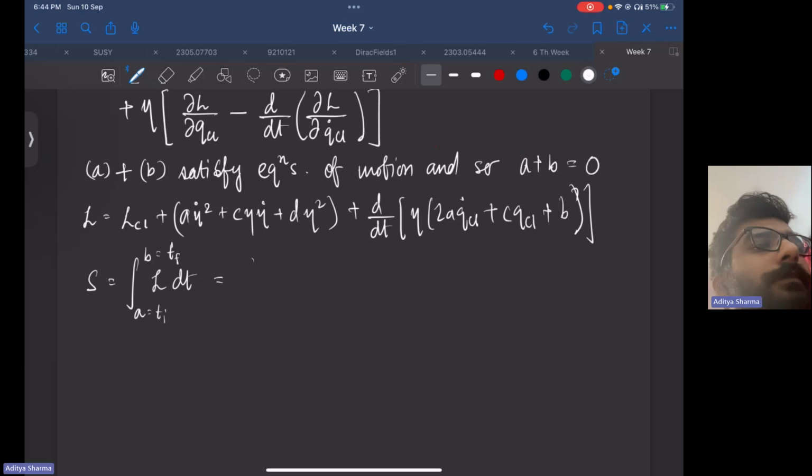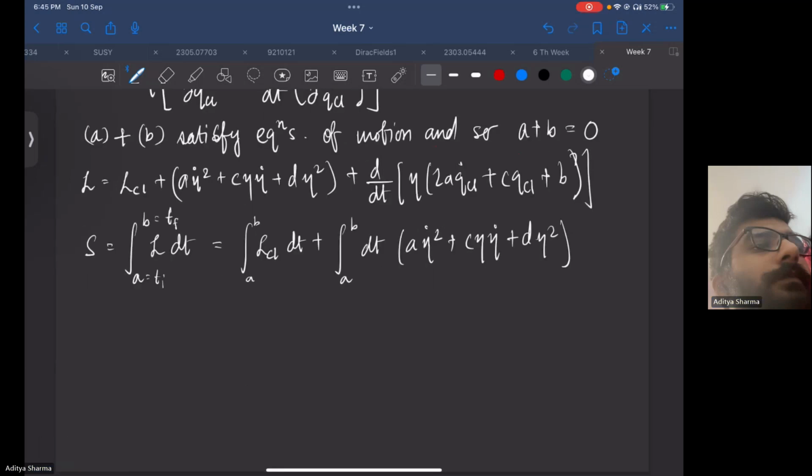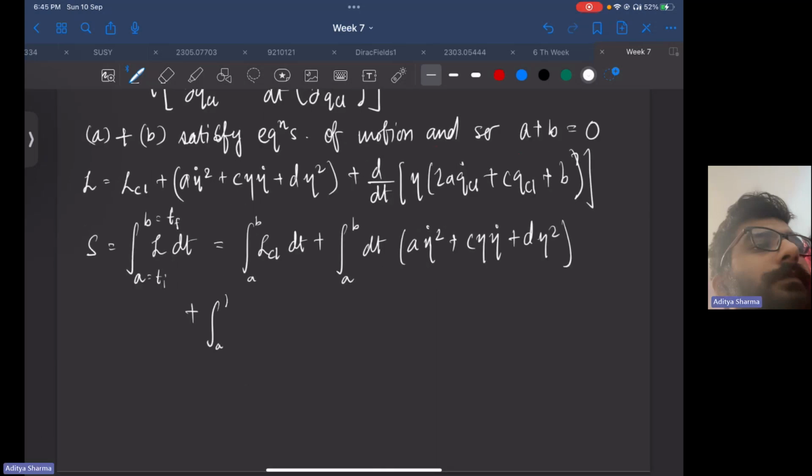So I'm going to have the classical action plus the integral from A to B of the η terms.